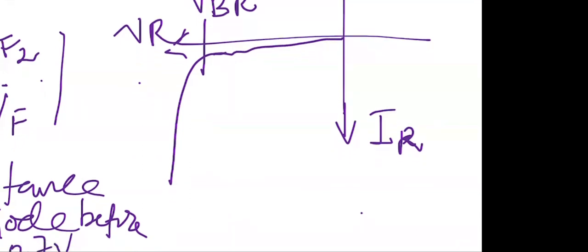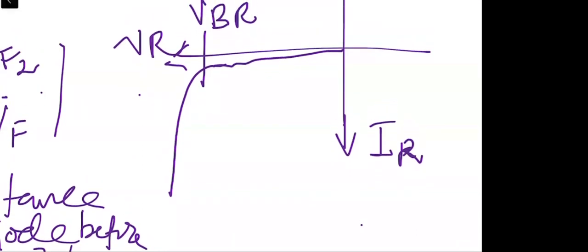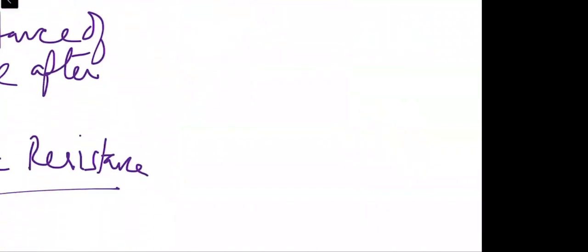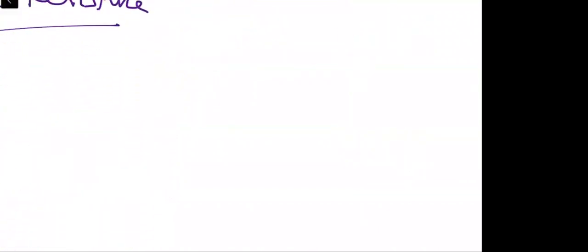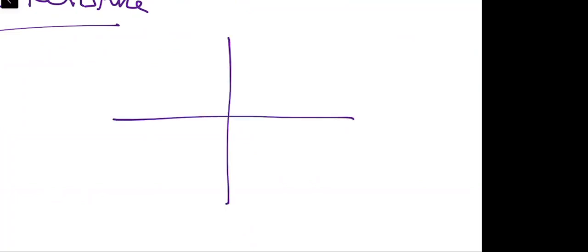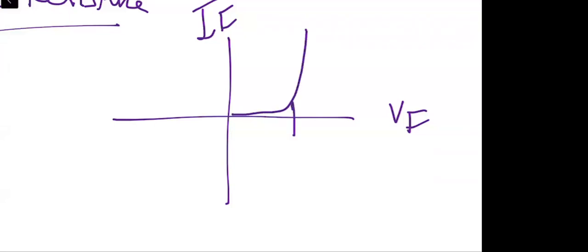So if we complete the curve for the VI characteristic curve, the complete curve will be something like VF, IF, right? The curve will be something like this at 0.7 volts.